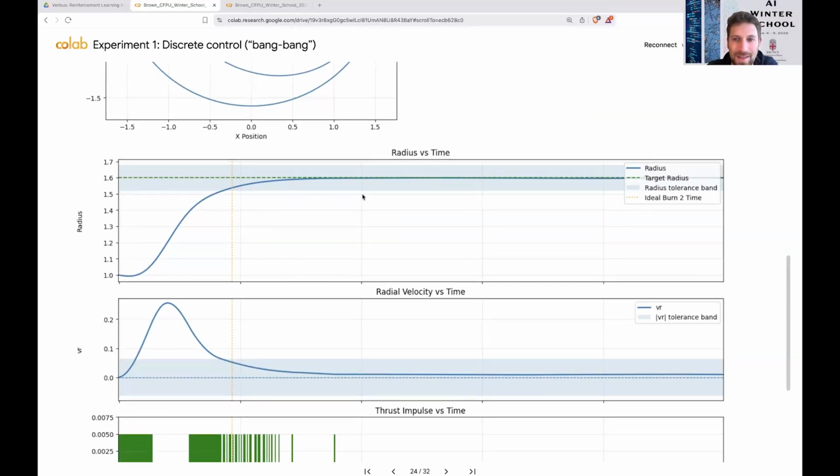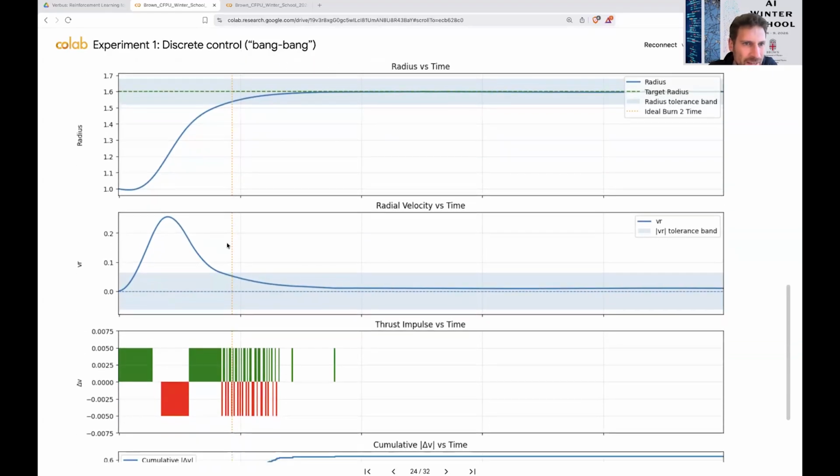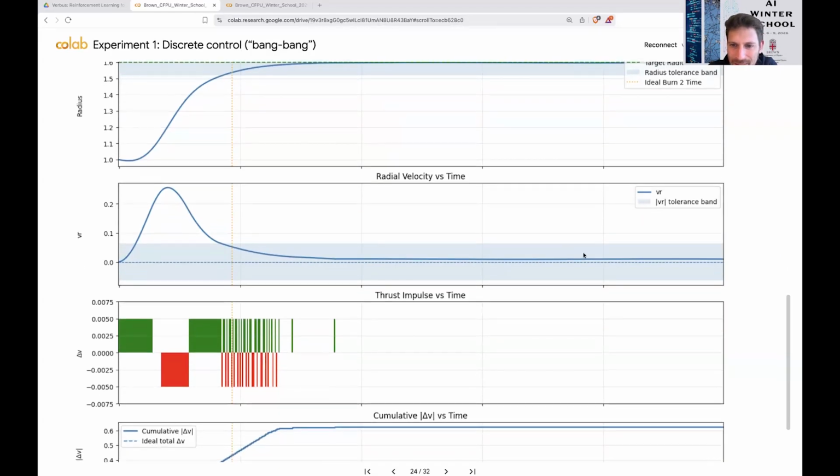The first, you can see it really gets the ideal radius, at least for this run. The radial velocity versus time, again, maybe it's not the exact analytically correct ideal thing, but it's close and within our tolerance.